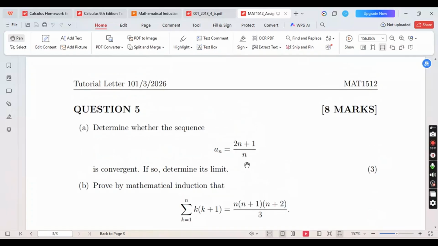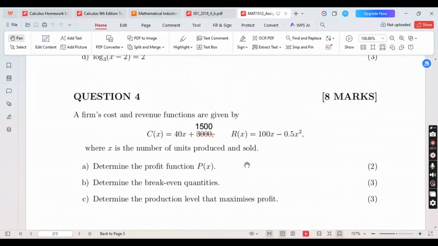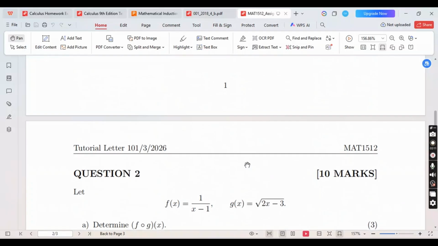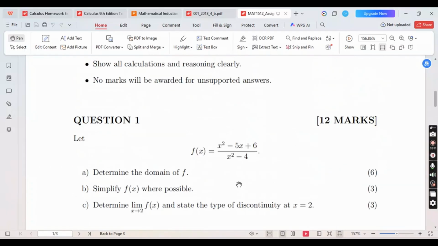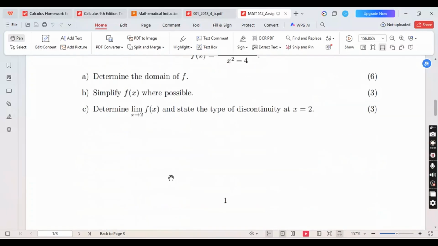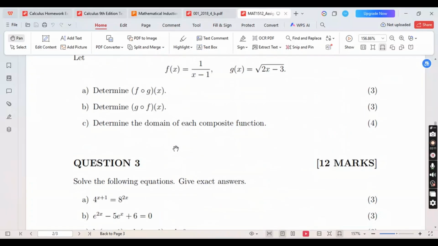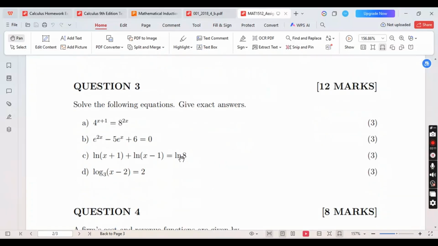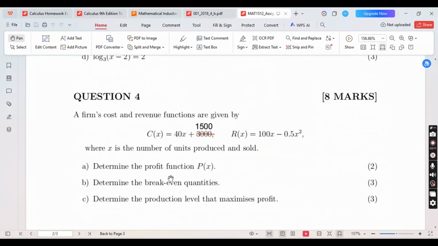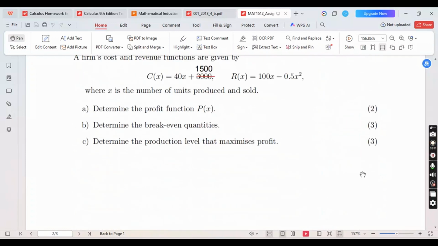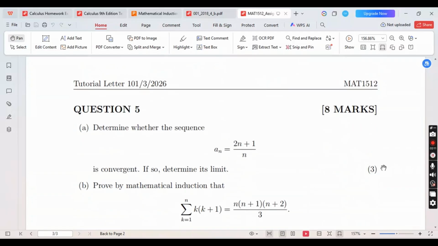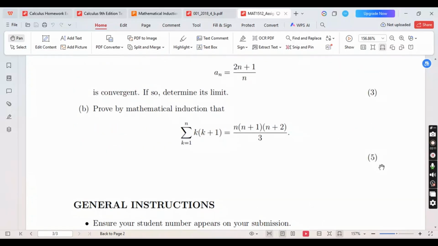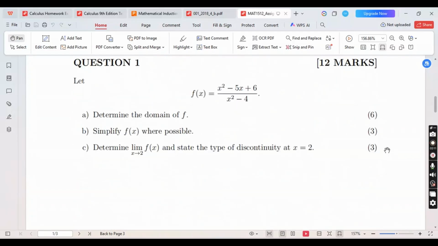Yeah. But that's a good part, more than half we are able to do. I'm sure you've seen more than half we are able to do. See, which one is this? 12 marks out of 50.